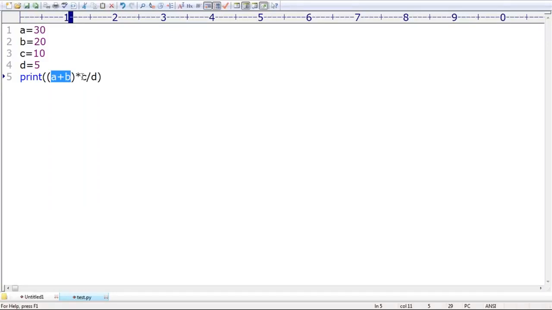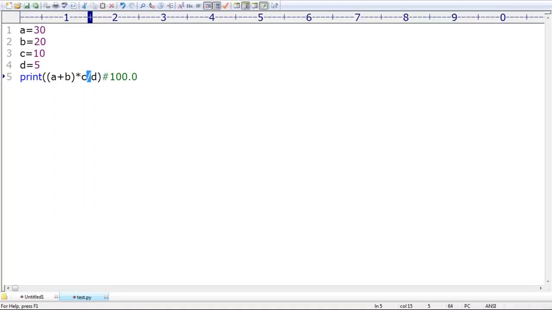Then 50 into C, 500. Then 500 by D, which is 5. What is the answer? 100.0. The reason is that the division operator always works with floating point arithmetic.